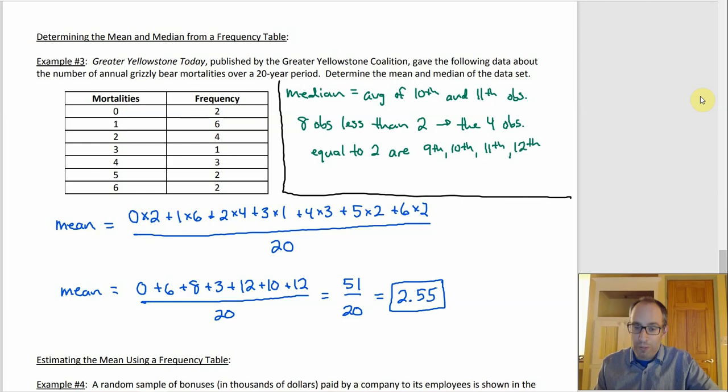So that means you're going to average 2 and 2 and get 2, right? So I guess I could write this out, but this looks really weird when you average 2 of the same thing, but it would be this. So 2 plus 2 over 2, which is 2. Right? So since the 10th and 11th are both 2, then you average them, you get 2. All right.